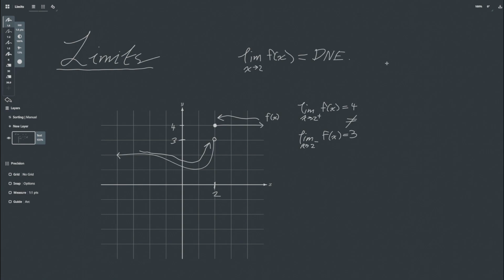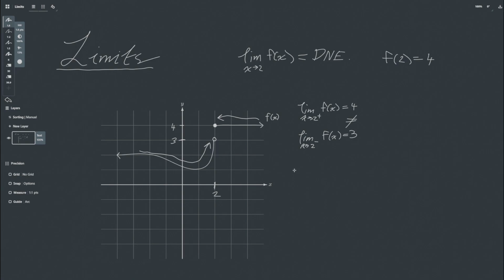Now again, f of 2 does exist. It's 4 because of this dot here. But since as we approach from the right and from the left, we get closer and closer to 2 different y values, that means that our general limit won't exist because they are unequal.